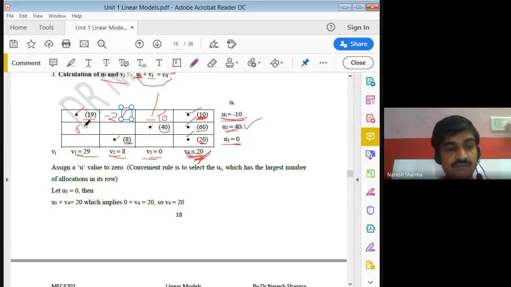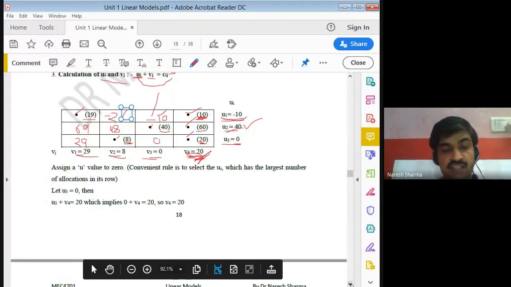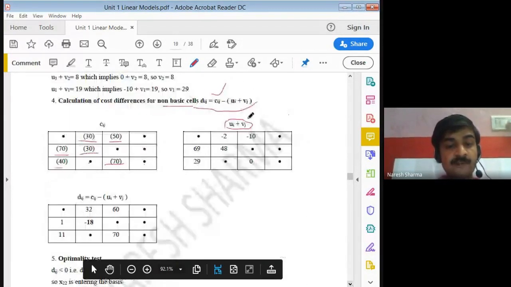So make the new table for this. So 8 and 40, that is 48. This is the u plus v table for non-basic cells where allocation is not present. So 29 plus 0 is 29 and 0 plus 0 is 0. So after doing this, in the new table we get this one.